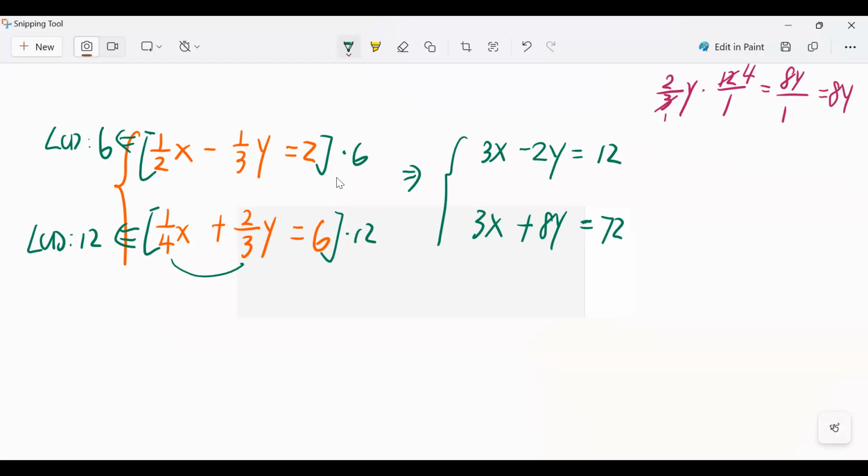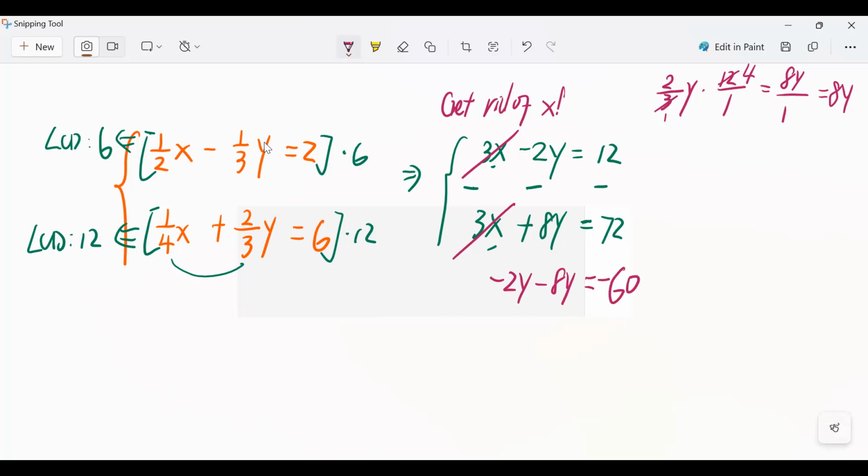Because both equations have 3x, if we subtract the two equations, we'll eliminate x. The 3x cancels, minus 2y minus 8y is minus 10y, and 12 minus 72 is minus 60.